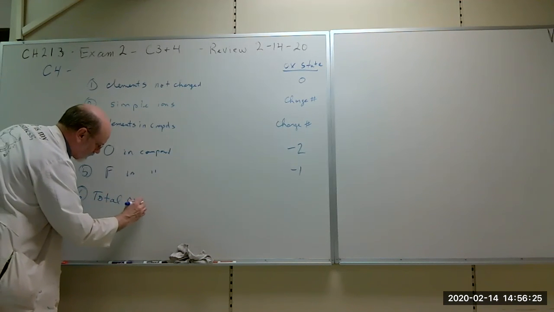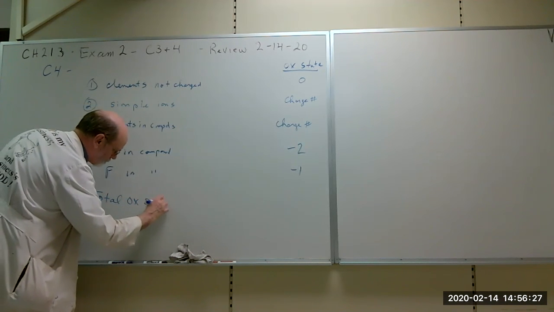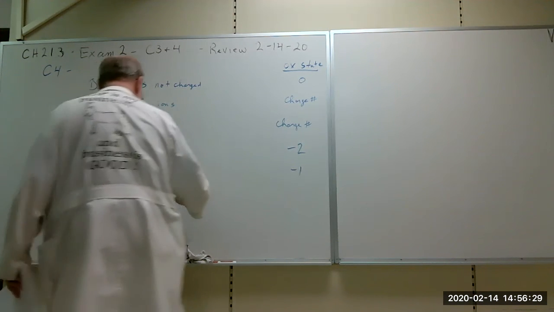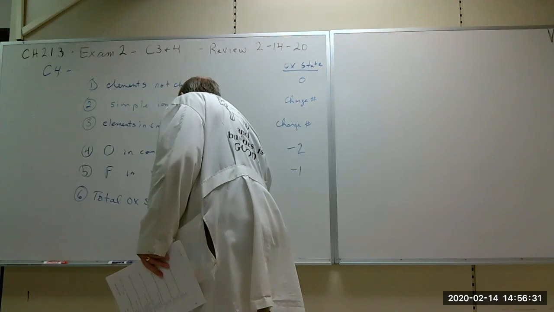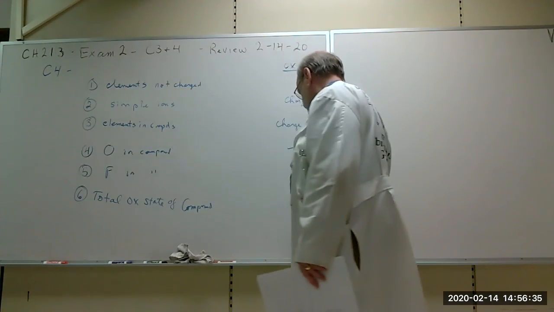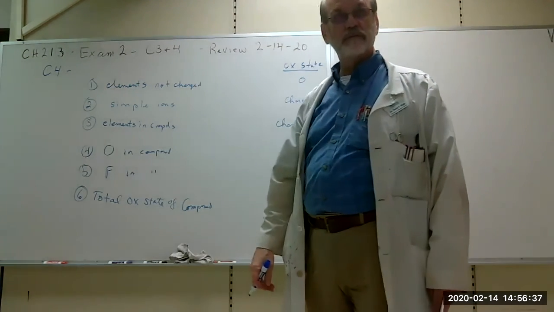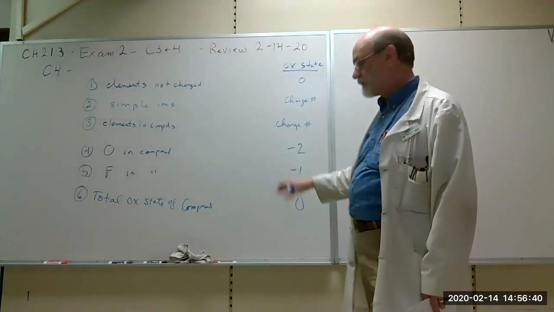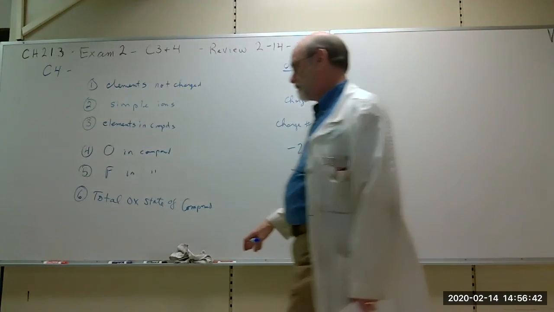The total oxidation state of a compound is 0 because the compound is neutral. So all the oxidation states have to add up to 0 in a compound.